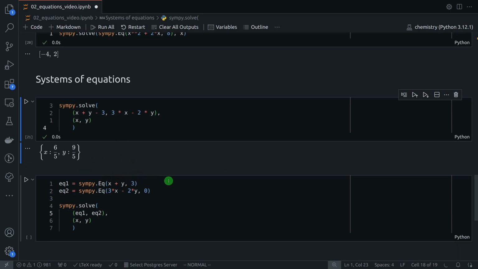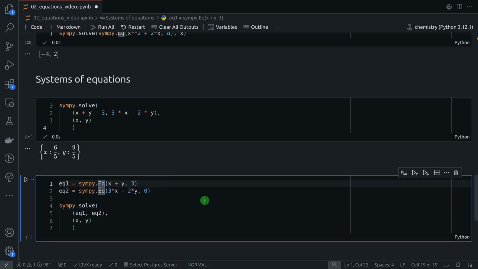You can do the same thing passing equations with the equality class that I showed before. So we have here the same equations as before, but now written as equations. So the left-hand side here with x plus y, and the right-hand side with 3, and here we have the left-hand side with 3 times x minus 2 times y, and the right-hand side with 0.